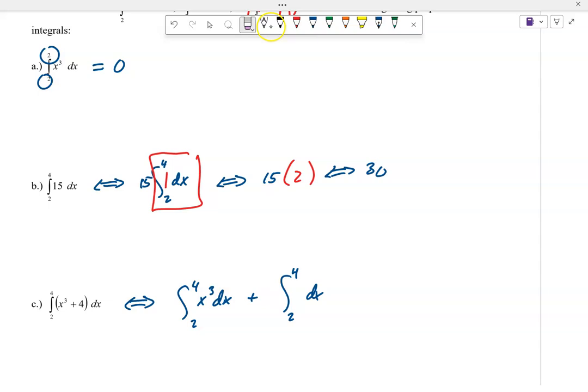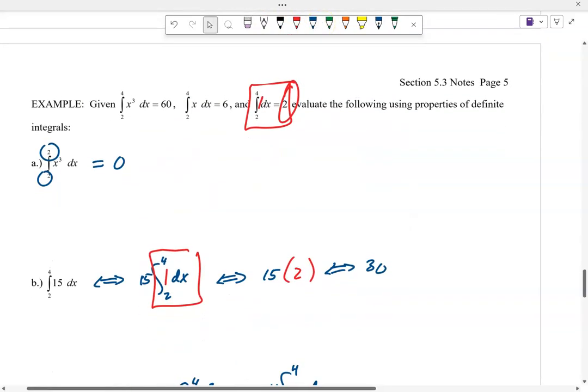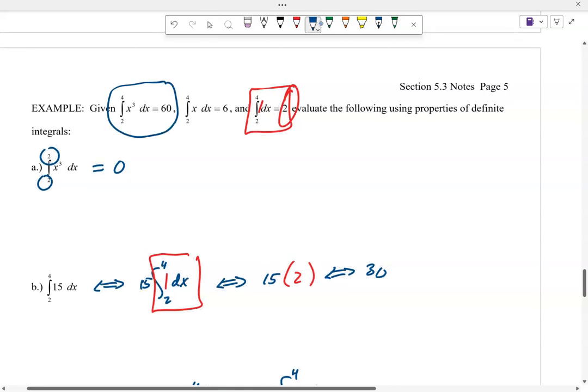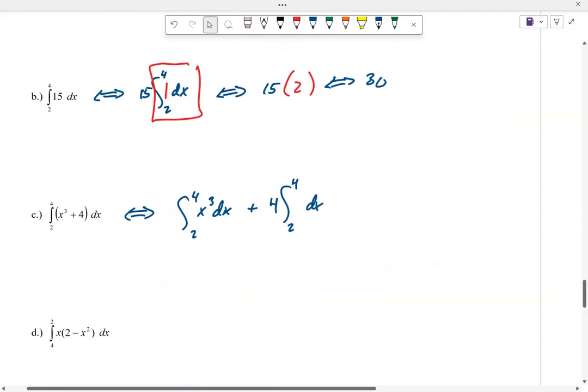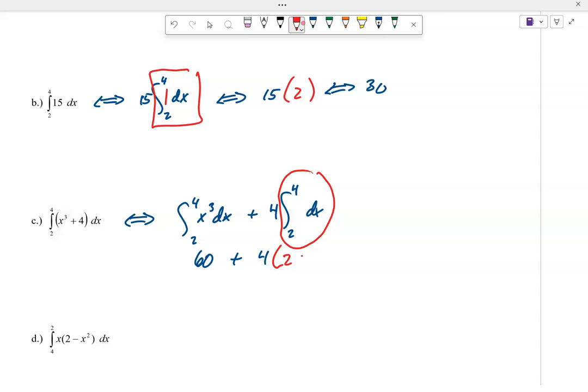Let me do it in blue right there. And then I look up here and I say, okay, this one is 60. So I've got 60 plus 4, and then this one, 2 to 4 dx, is 2. So it looks like I've got 60 plus 8. We got 68.